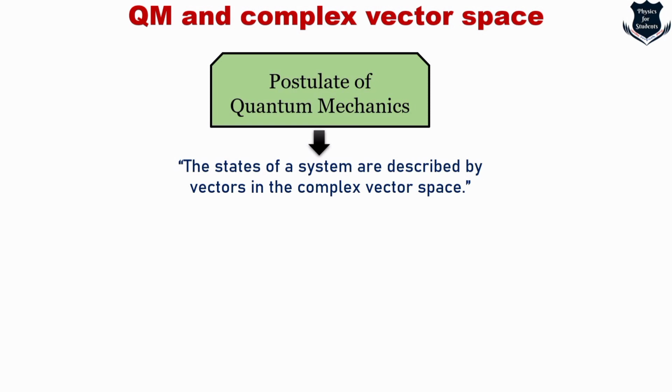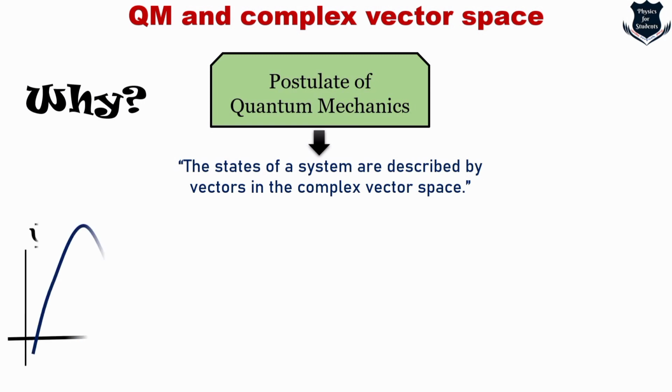Now you might ask me why. You need to go back to my first and second videos of this series, Mathematics of Quantum Mechanics. I've explained why complex numbers are required in quantum mechanics, and I've also explained why complex planes or complex vector spaces come in. But anyway, you really don't need to go there. I will just explain it in simple language.